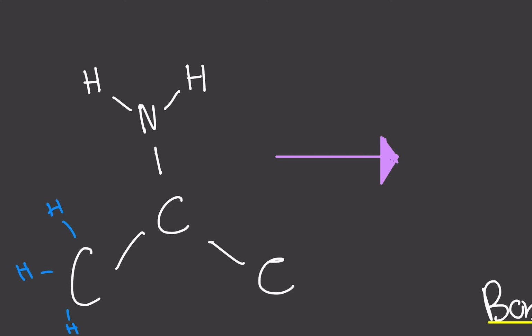It is not. Because this carbon has 1 bond, 2 bonds, 3 bonds. We are missing 1 bond to satisfy that 4 bond law. So we add a hydrogen. Ta-da! And then this carbon is lacking 3 bonds, so we add hydrogens, 3 hydrogens.